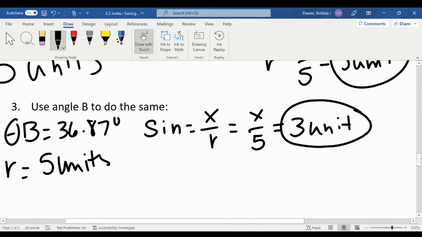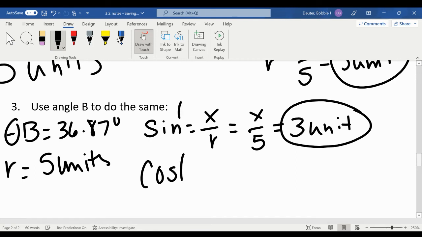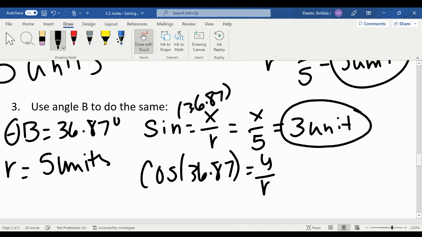Now, if I use our cosine, I forgot our 36.87 degrees here. 36.87 is being used here. It's going to be our y over our hypotenuse, which is equal to y divided by 5 units.